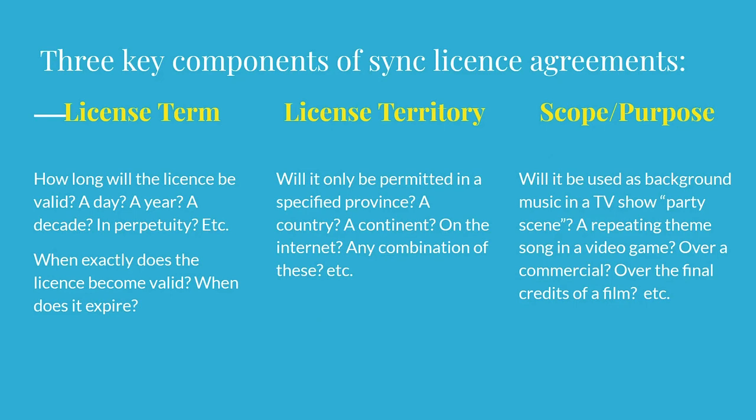The final piece is the scope or the purpose. And this one out of the three is the most subjective. This is where the wiggle room of a sync license really, I think, is highlighted. It's to what capacity the composition will be used in whatever audiovisual project it's going to be used in. On the note of a podcast, for example, maybe they're using just a short bit of it for the introduction music.